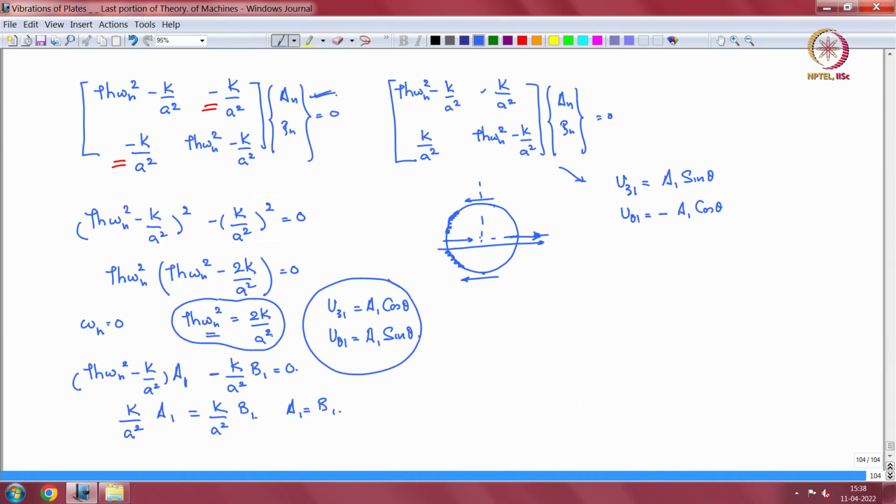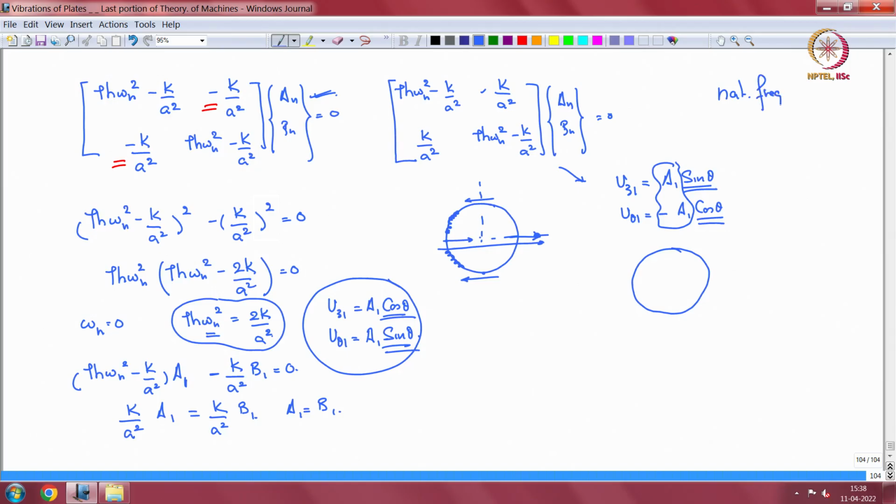Okay. So if we look at the displacement here, you see the change: this was cos theta, this is sin theta, this is sin theta, this is cos theta, but the relationship is different now, although the natural frequency was the same.